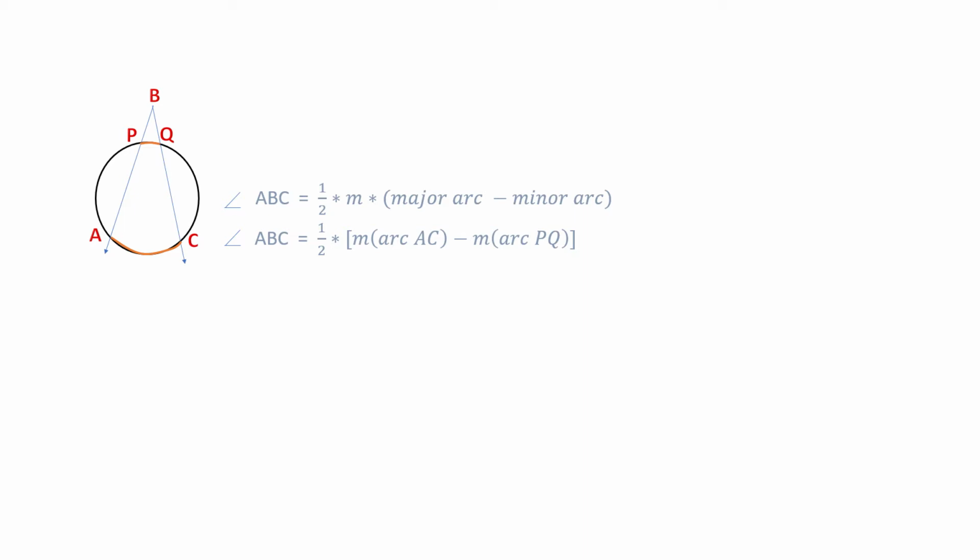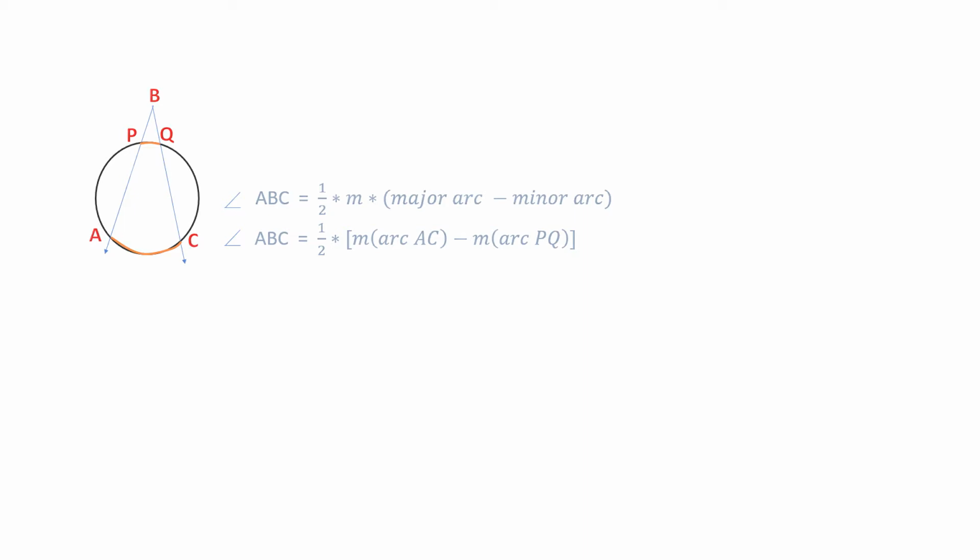So the formula is angle ABC is equal to half the measurement of arc AC minus the measurement of arc PQ. Using these two formulas, we can calculate the angle as well as the arc.